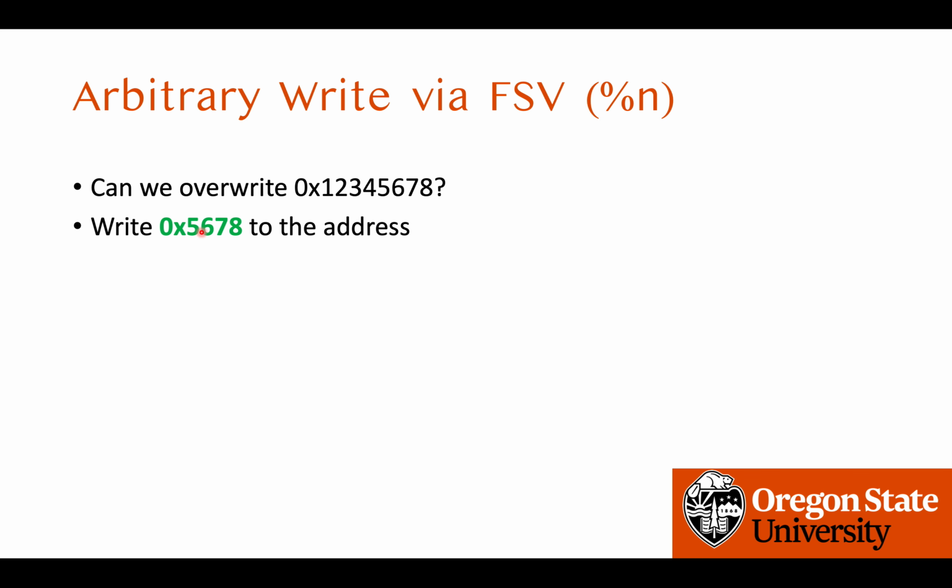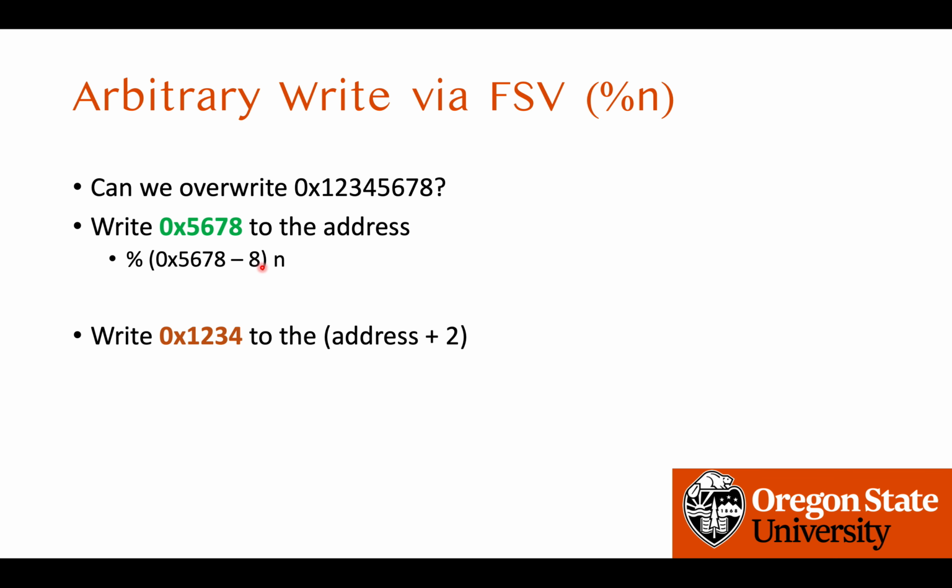So writing 5678 is easy. We print out 8 characters, so subtract that by 8, and then apply %n. And then, to write 0x1234, we need to subtract 5678 from 0x1234, but this will generate a negative number. To avoid that, instead of overwriting 1234, we write the number of characters as 0x11234, because we will ignore this carry.